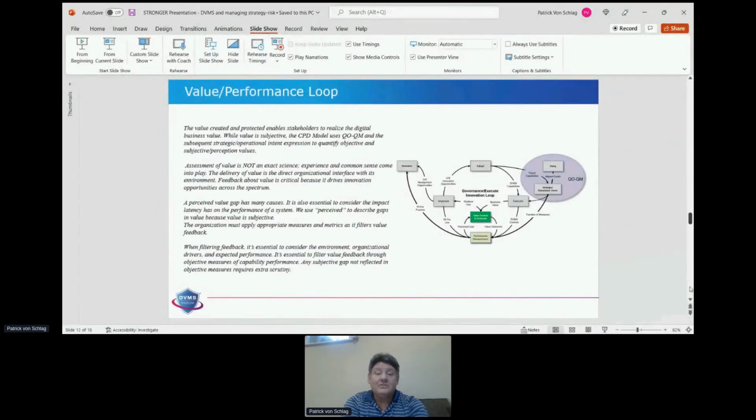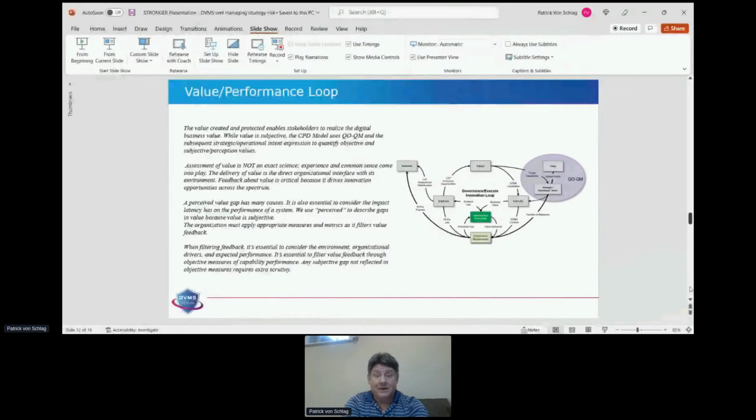Within Governance Execute, we have a specific loop that describes value and performance. As we execute and deliver value for stakeholders, we also at the same time need to be able to successfully protect that value. So you'll see here that this entire approach drives cybersecurity risk management into the entire approach from strategy through execution in how we do what we do.